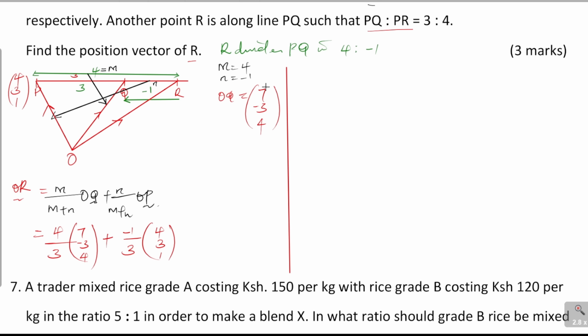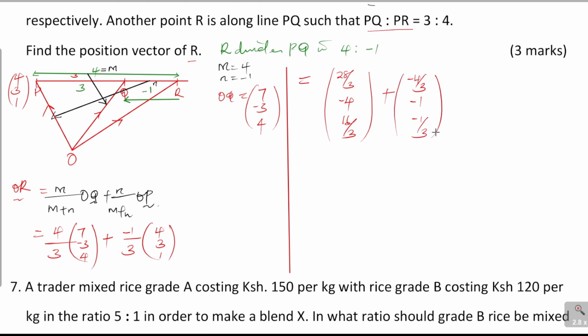So we proceed. 4/3 multiplied by 7 will be 28/3. 4/3 multiplied by -3 will give -4. 4/3 multiplied by 4 will be 16/3. Then plus -1/3 times 4 will be -4/3. -1/3 times 3 will give -1. -1/3 times 1 will be -1/3.